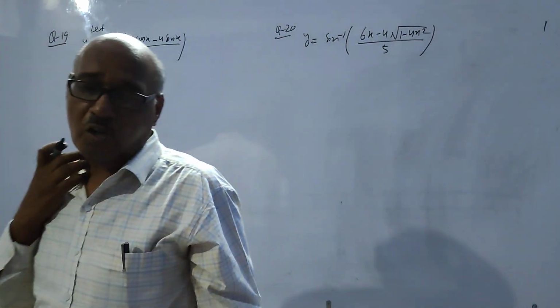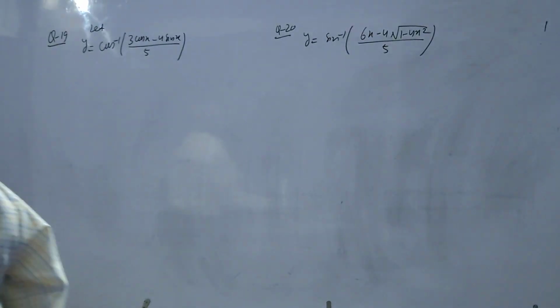Let me explain these two problems further, both are similar. Here y is equal to cos inverse of (3 cos x upon 5 minus 4 sin x upon 5). Now see here, y is equal to cos inverse of 3 by 5 times cos x minus 4 by 5 times sin x.